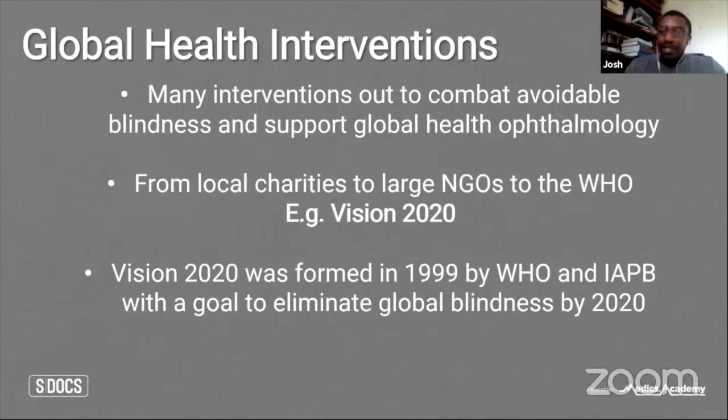So this is an important case study in the concept of global health ophthalmology. I'm not going to go into it any more for this particular series, but it's really interesting to read through the kind of things that movement instigated, some of the successes they have had, and some of the challenges they've had as well since 1999. So that's Vision 2020.